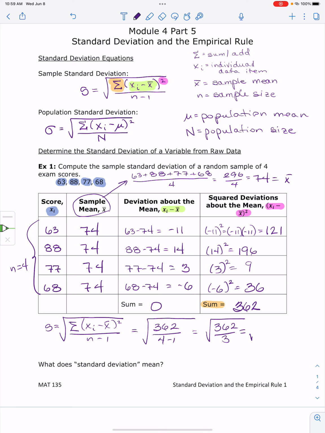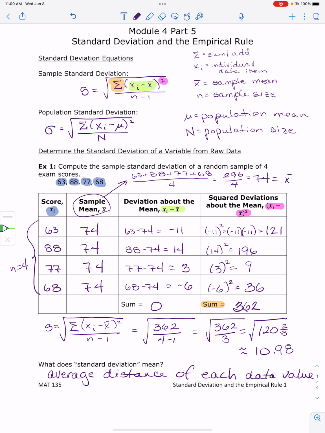I get the square root of 120 and 2/3, if we want to be specific. When I take the square root of that, I get 10.98. So our standard deviation is the average distance of each data value from the mean.